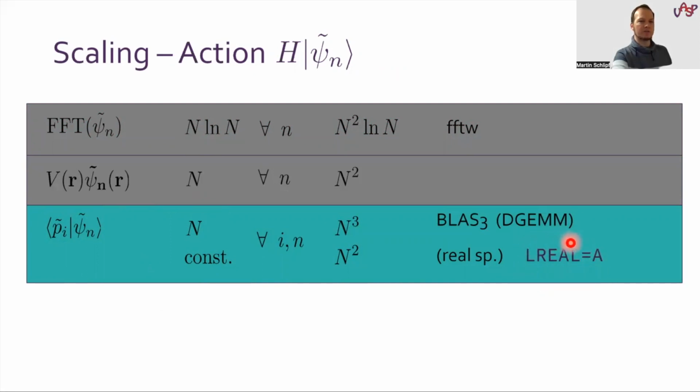So for large systems, we recommend that you use this LREAL flag to get this lower scaling method, which only scales like n squared. But for small systems, the prefactor means that the conventional projection method with matrix multiplication might be faster. It's also more accurate. So if you want very accurate calculations, you might want to project in reciprocal space.